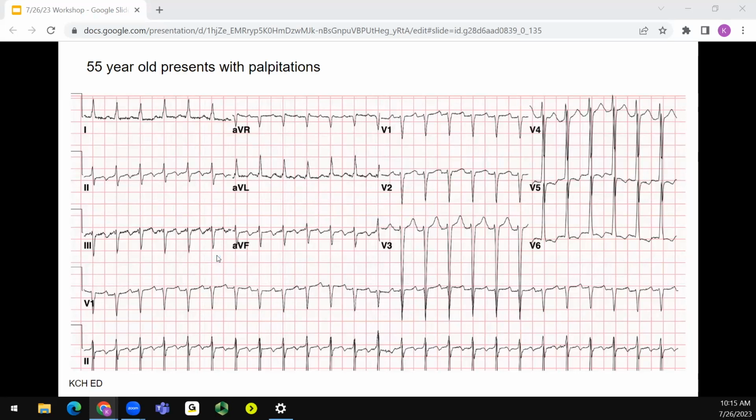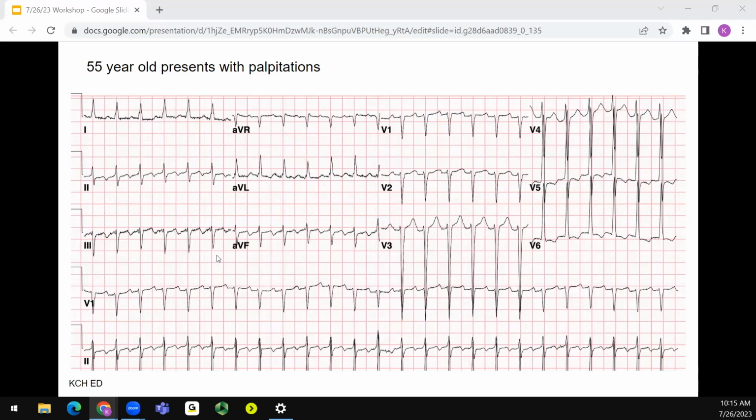What's your differential here? SVT, someone says sinus tach. What else? Flutter. I think that's a pretty good differential. What do you guys want to do here? Almost all those letters are SVTs.